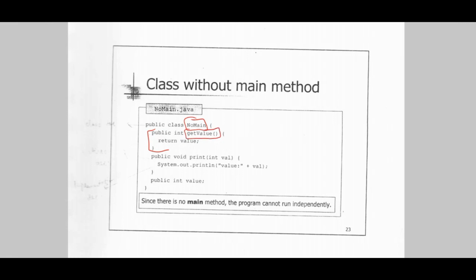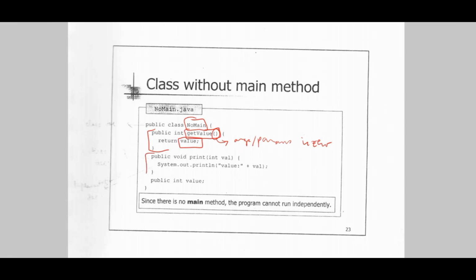You will know that it is a method because it has this argument part, and in this case there are no parameters or arguments. So args here or parameters here is 0. What this method does is it simply returns the value of the variable with the name value.